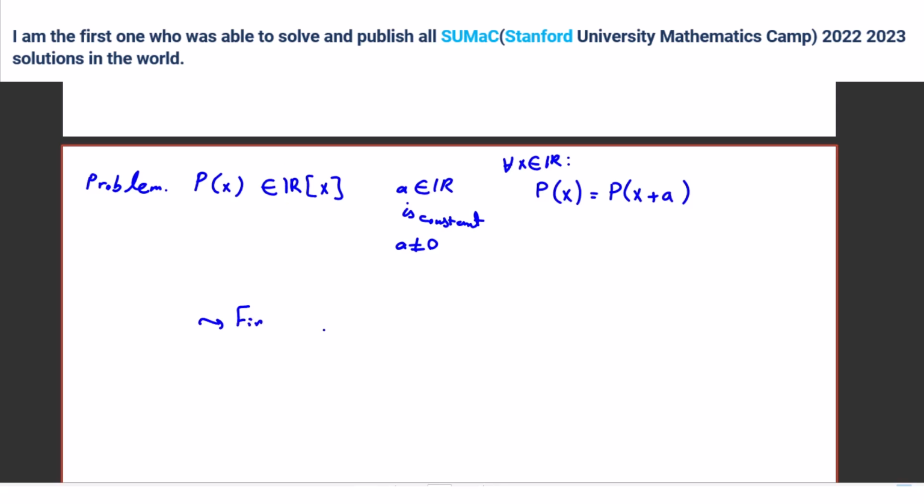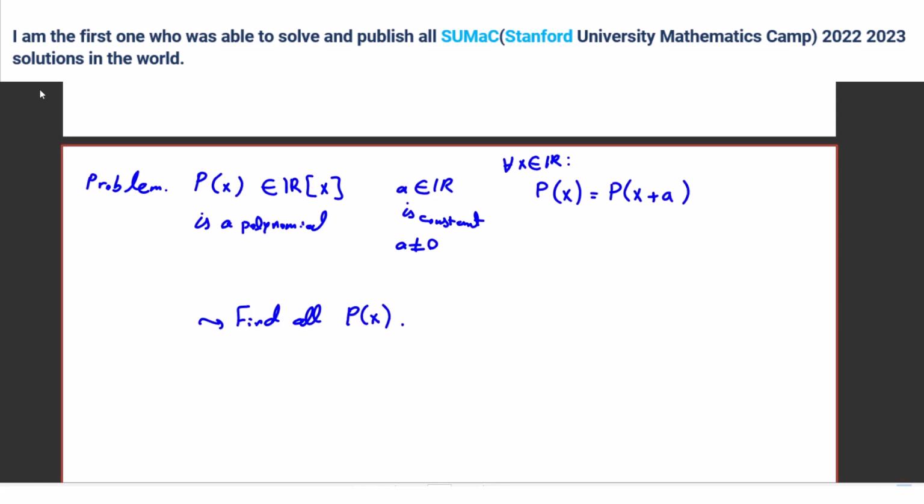Okay? Understood the problem is what? P of x is not a function, it's a polynomial. And when we write these, it means that the coefficients are real.